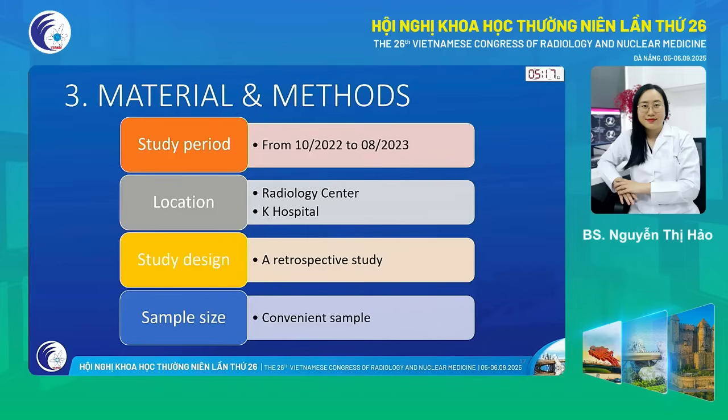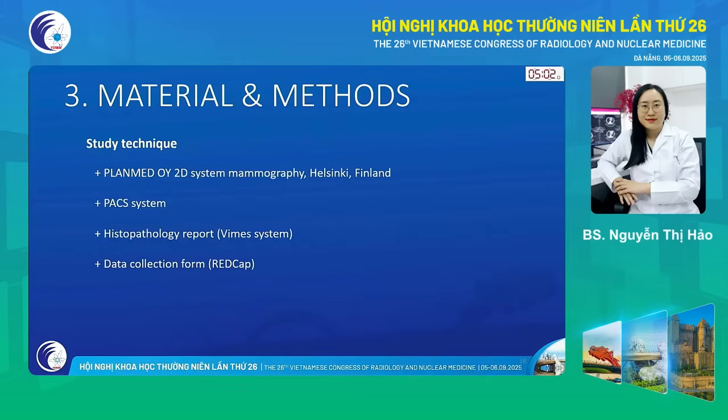About the material and method of the study, we conducted the study from October 2022 to August 2023 at the Radiology Center in the K Hospital. The study was retrospective with a convenience sample. Here's the study technique.